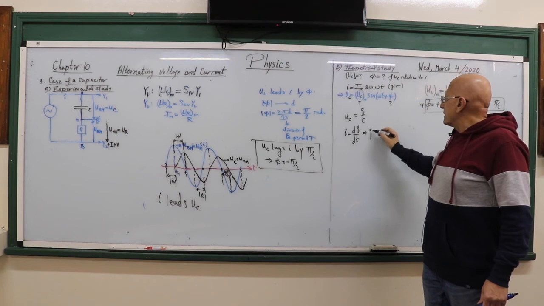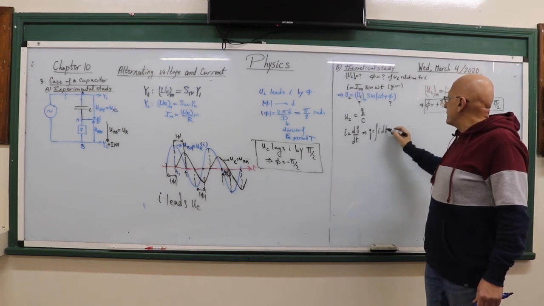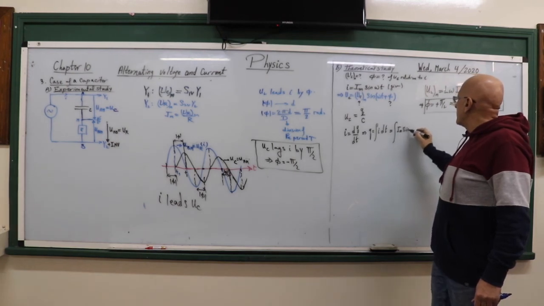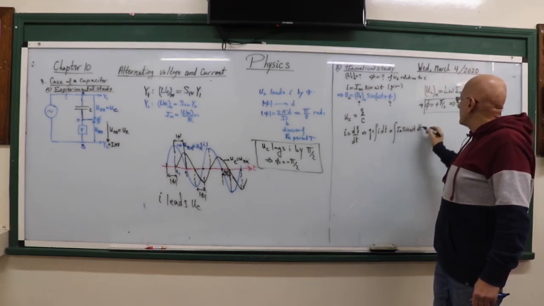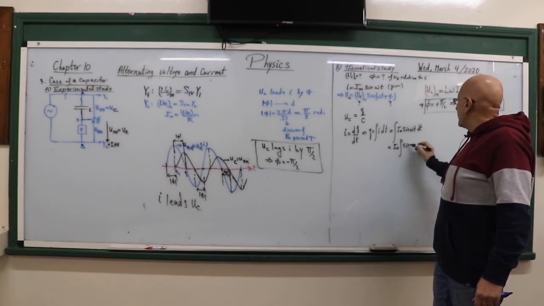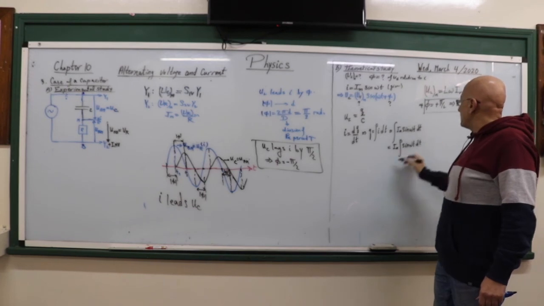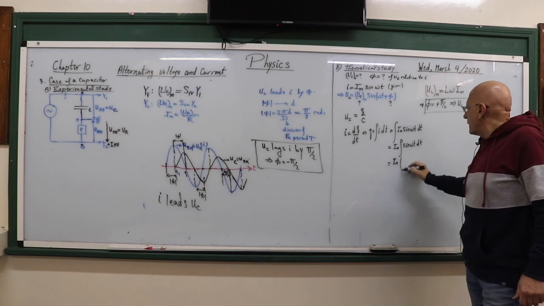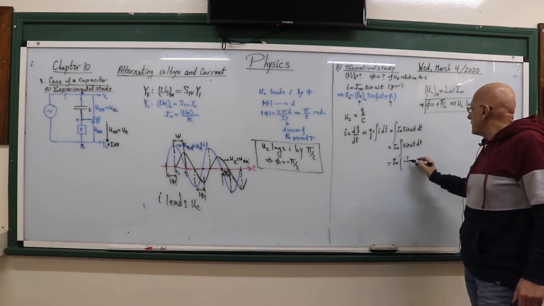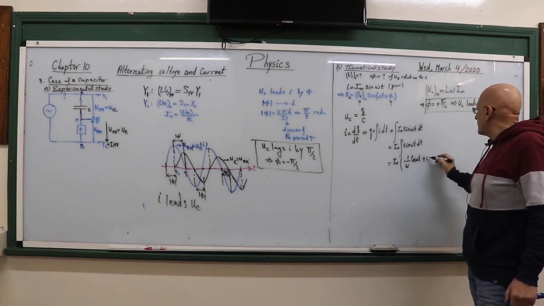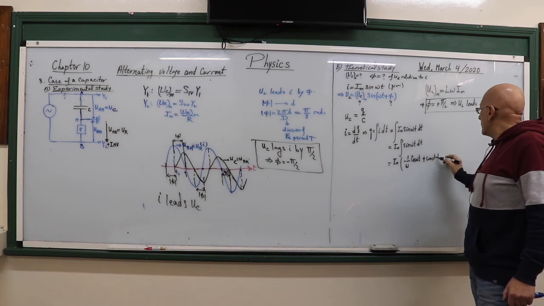Yaani, this implies Q equals integral of I dt, which gives Im integral of sine omega t dt, which gives Im times minus 1 over omega cosine omega t plus a constant.